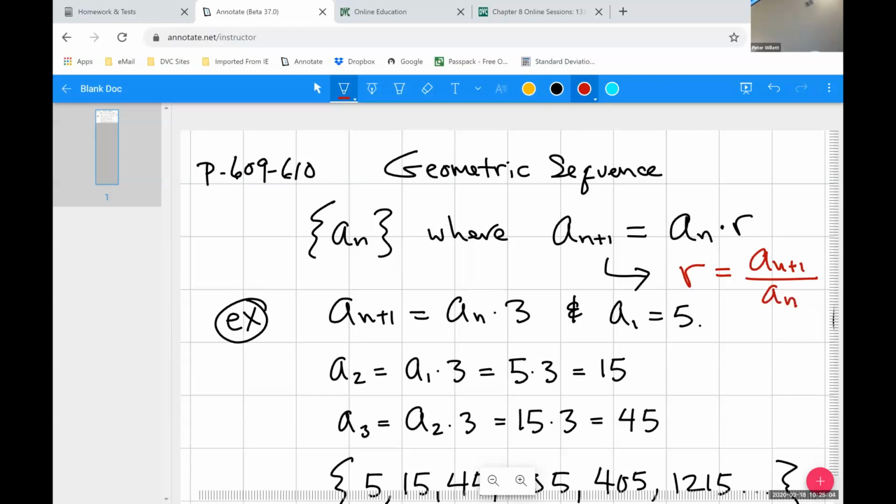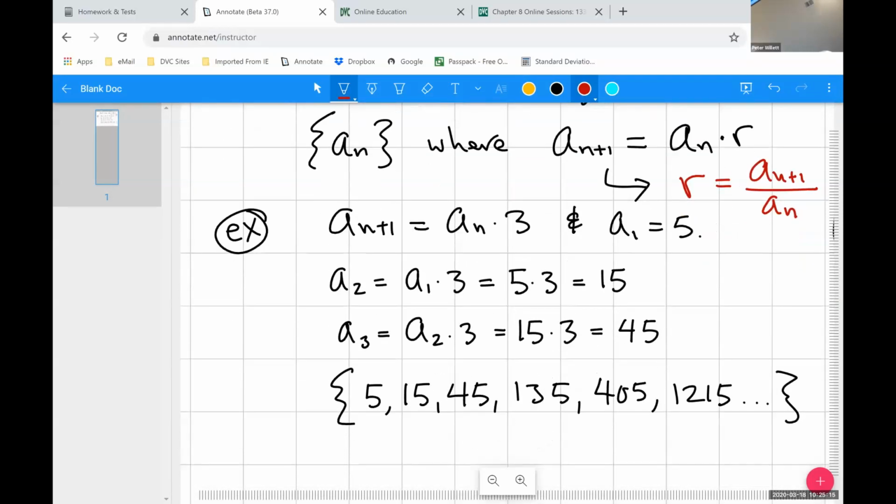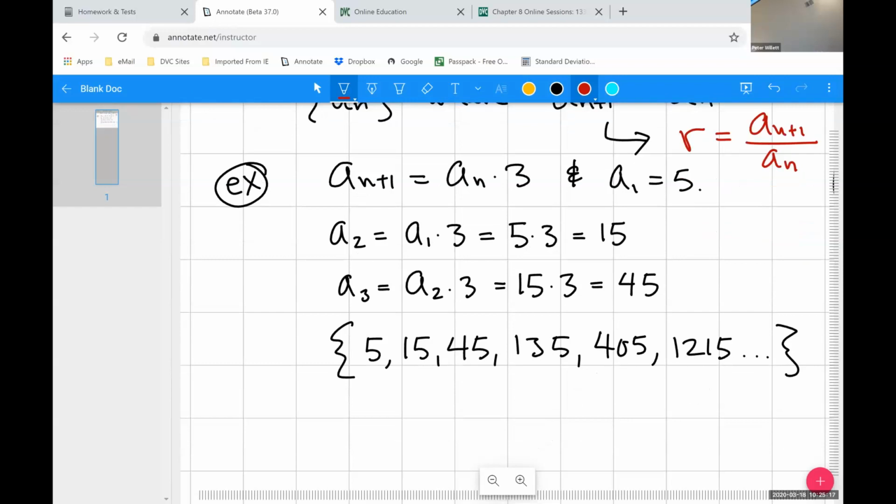What that means is that if you take any term in the sequence and divide it by the previous term, you always get the same answer. Since you multiply by the same number every time to advance, if you went back and divided by the previous number every time, you'll get that value. In this case, for example, 45 divided by 15 is 3, 15 divided by 5 is 3, 135 divided by 45 is 3, etc.